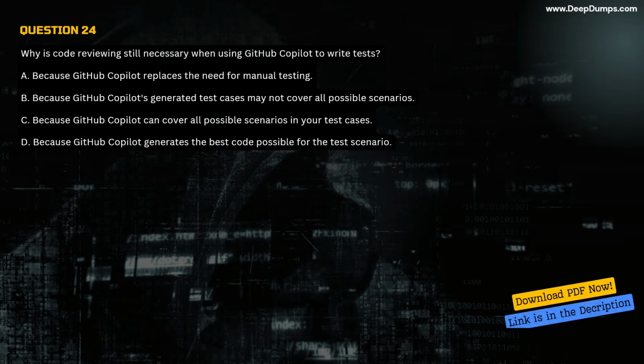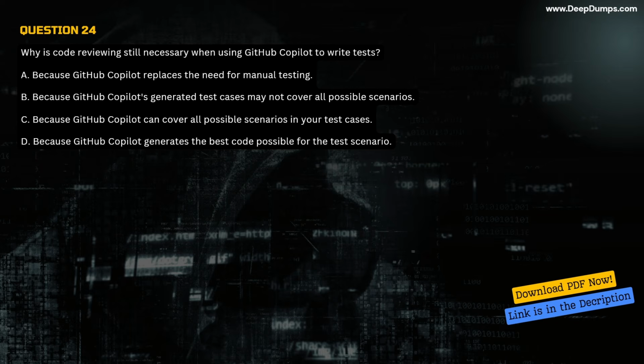Question 24. Why is code reviewing still necessary when using GitHub Copilot to write tests? A. Because GitHub Copilot replaces the need for manual testing. B. Because GitHub Copilot's generated test cases may not cover all possible scenarios. C. Because GitHub Copilot can cover all possible scenarios in your test cases.